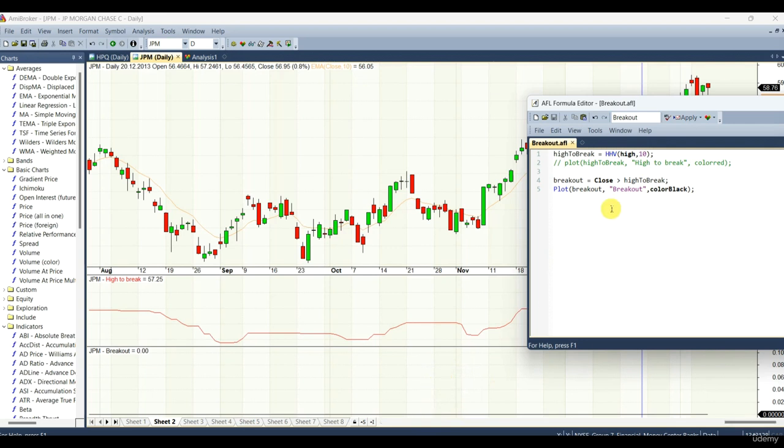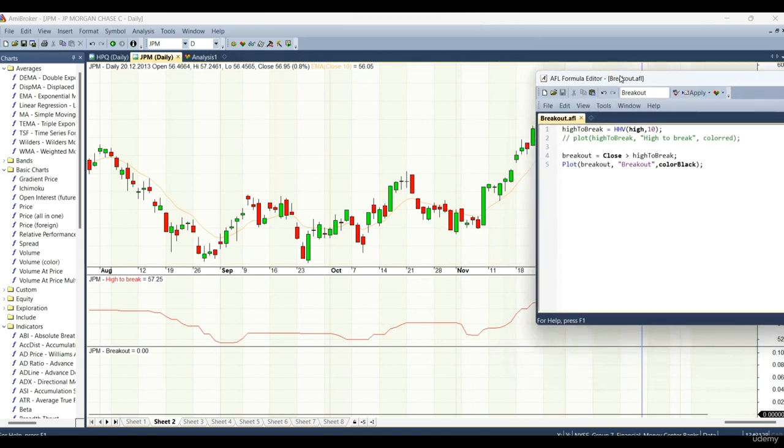Because in one box I would be plotting the array which has values like 57, 60, and at the same time a statement that has values 0 or 1. So it wouldn't be readable. The breakout wouldn't be readable. Anyway, I have nothing here. How come? That's because of what I'm actually saying here.